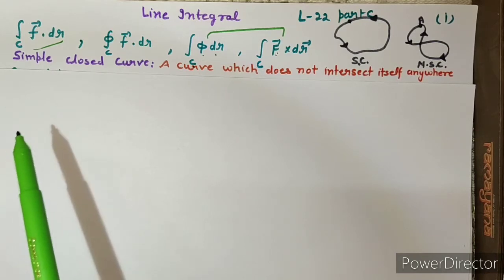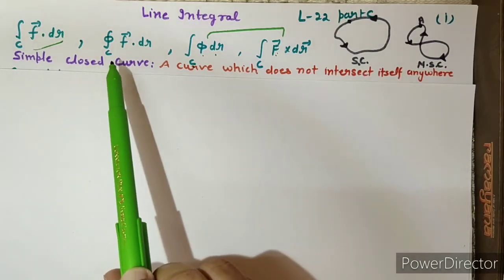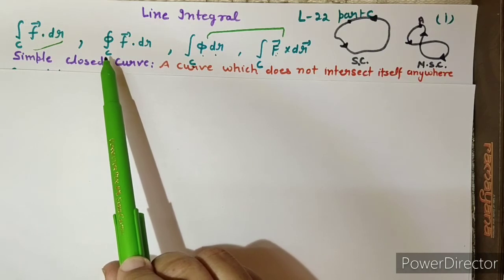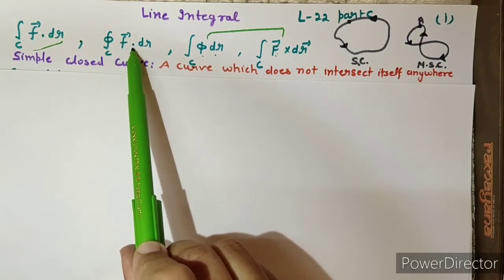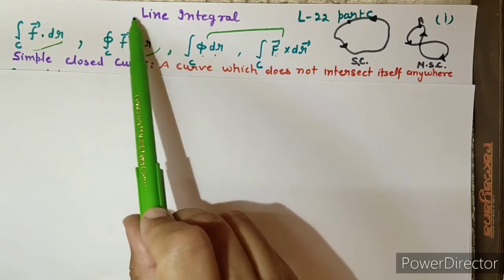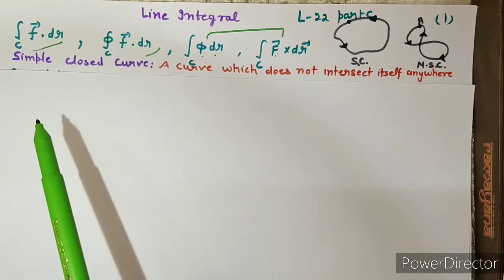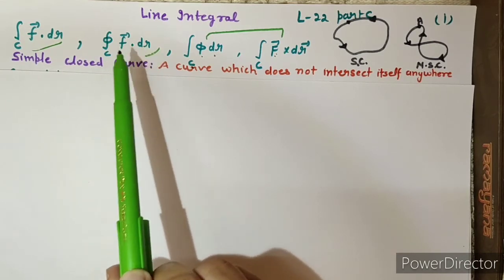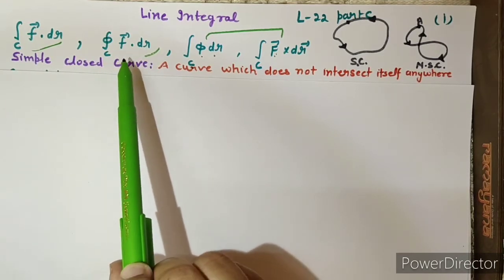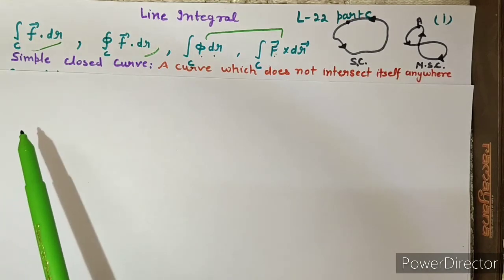And I also told you there that if your curve is a simple closed curve, then the form of line integral is f dot dr, and this one is known as the circulation. So before giving a proper definition of circulation, what is a simple closed curve?